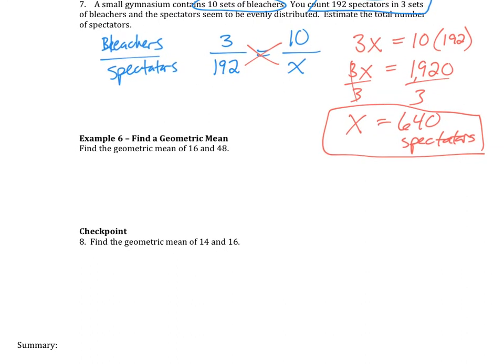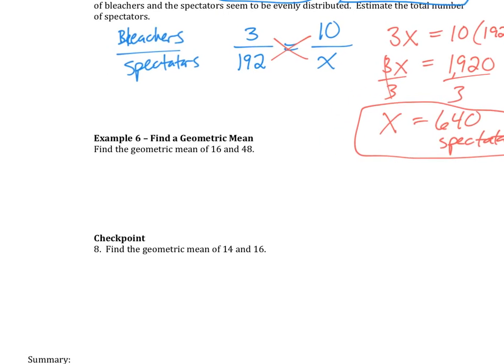And then last example is find the geometric mean of 16 and 48. To find the geometric mean, all this means is the means are here and here. So you put your x's where the means are, and you put 16 and 48 in the other spots. So we're trying to find the geometric mean.